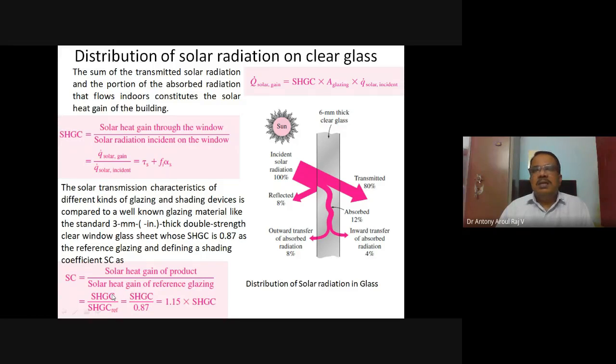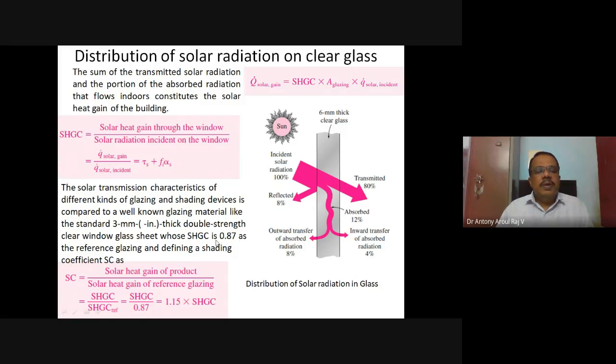For example, some product is given to you, so you take the SHGC of that glass and compare it with the SHGC of the reference material. The most used standard reference material is 3 mm thick double strength clear window glass sheet, for which the SHGC value is 0.87.